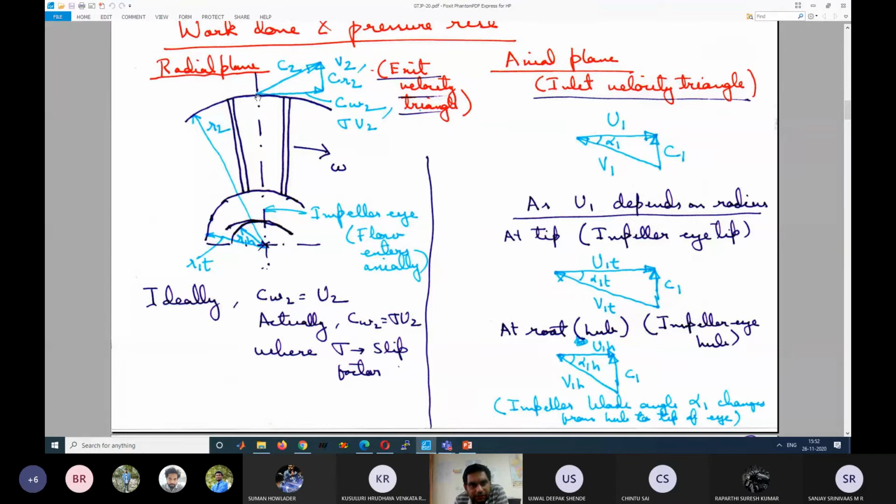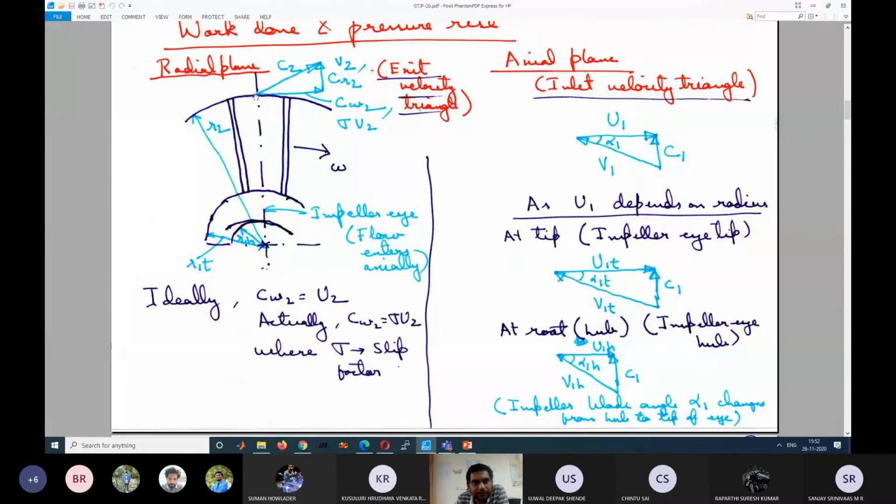So the velocity that the fluid gets in the wheel direction, which is the direction in which the rotation is happening, is CW2, slightly less than the blade velocity U2 by the factor sigma. So CW2 is equal to sigma into U2, where sigma is the slip factor. I will come to how the slip factor is defined, but this is the case.